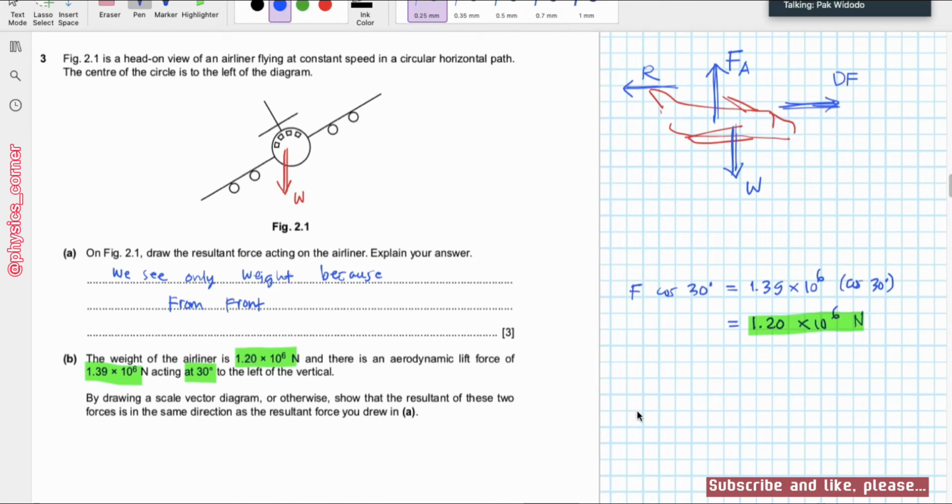When we have force, so this is 30. So this is F cos 30. This is F. Yeah. Actually, F cos 30 is the same thing as the weight. Yeah, that's it.